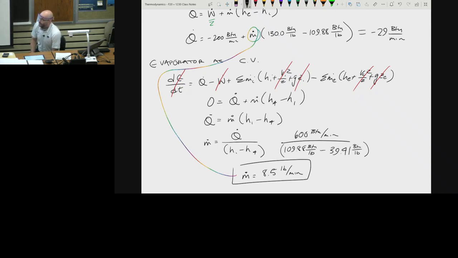So my question for you now is, if that's the answer, minus 29 BTUs per minute, is that compressor trying to heat up or trying to cool down? If I touch the compressor, do I feel it being hot or cold?